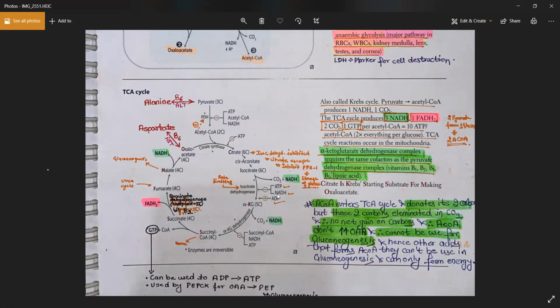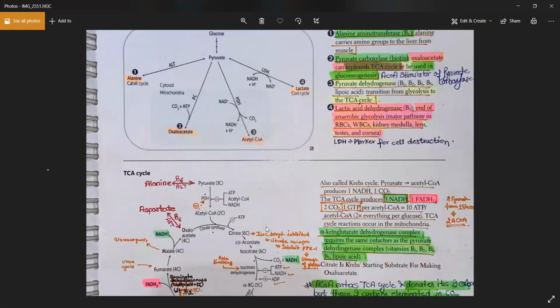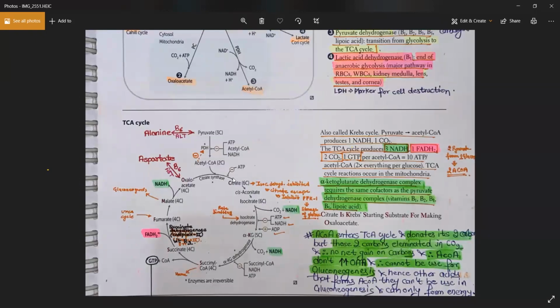Only this dehydrogenase and this dehydrogenase require the vitamin B1. This step does not require the vitamin B1. Remember, in the vitamin section I mentioned these two enzymes, but I did not mention this isocitrate dehydrogenase enzyme because it does not require the vitamin B1, but this and this require vitamin B1. Please remember this fact. This isocitrate dehydrogenase complex is actually the rate limiting complex.